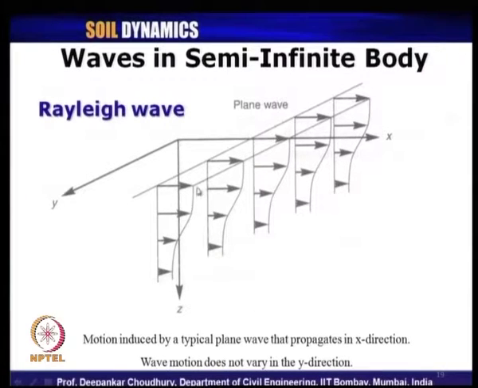And if you notice it minutely, you can see the wave velocity is pretty high very close to the ground surface, very close to the free surface, whereas as it goes to infinity in this direction, the velocity drastically reduces.